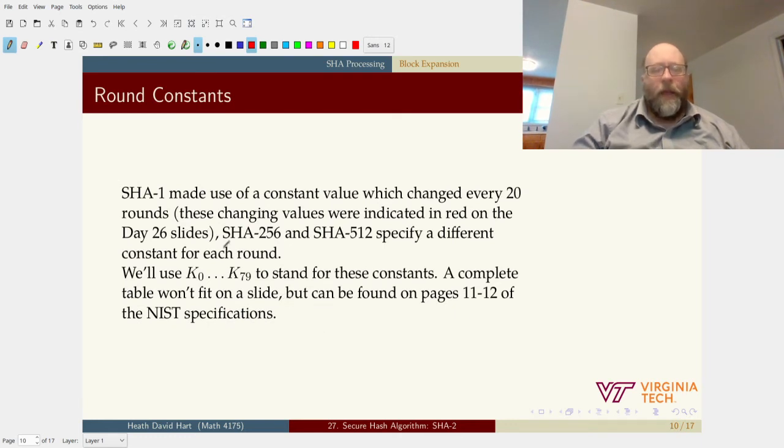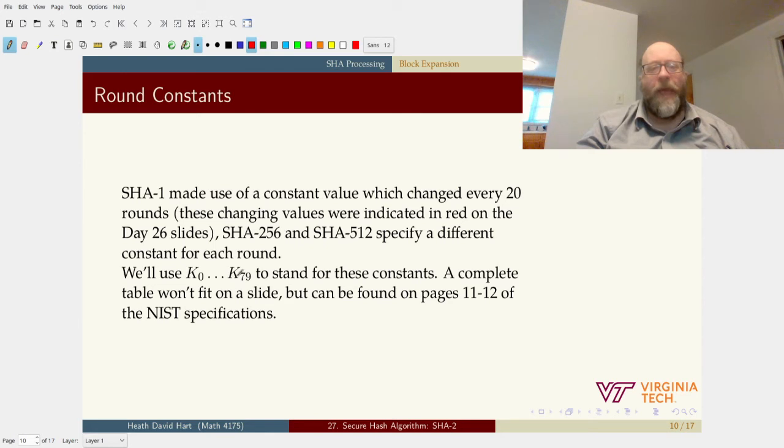Then we have a constant value that's made use of in each round. In SHA-1, we only change that constant every 20 rounds. That turned out to be a weakness of SHA-1. And so SHA-256 and 512 use a different constant for each round.